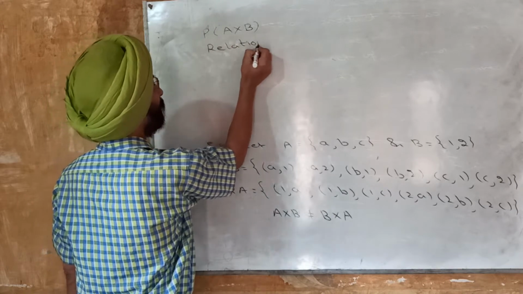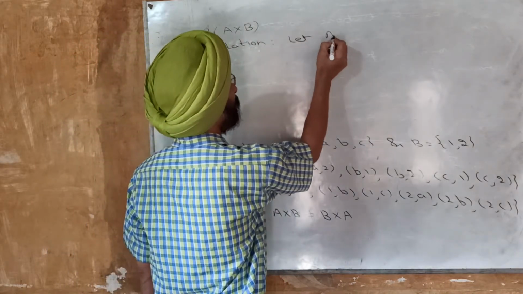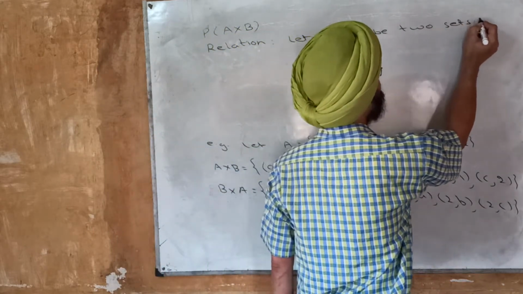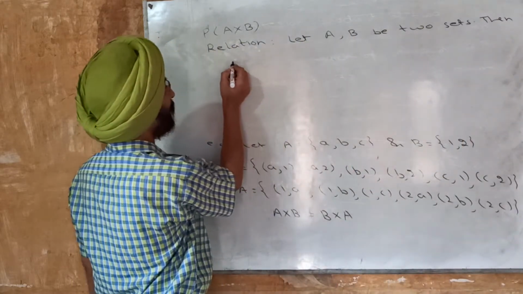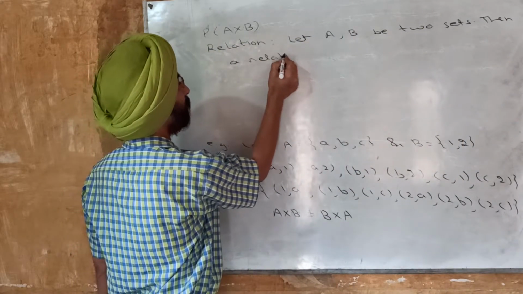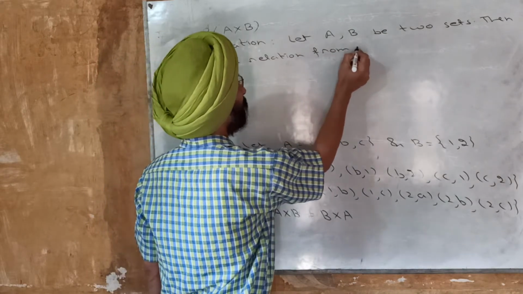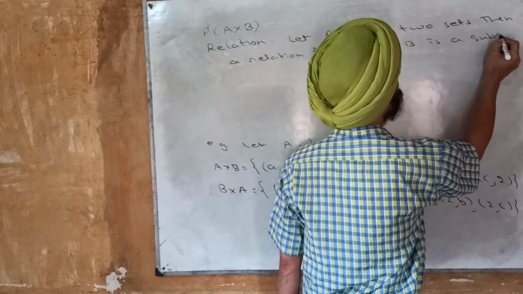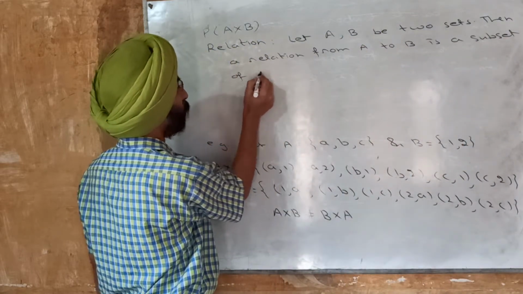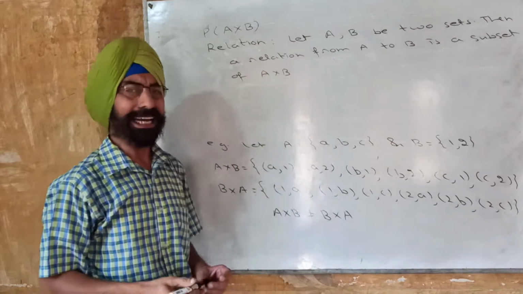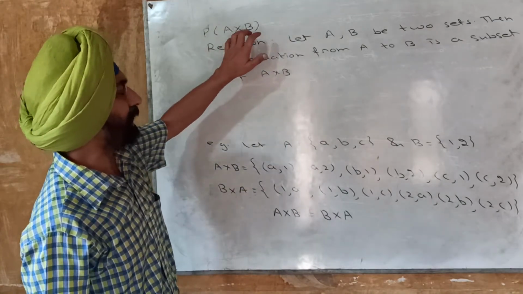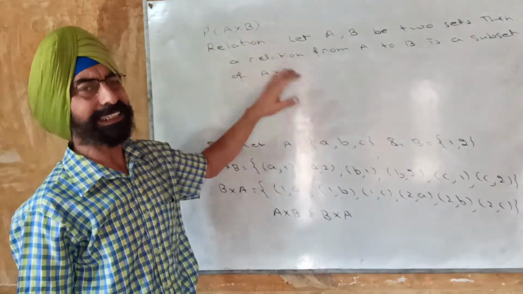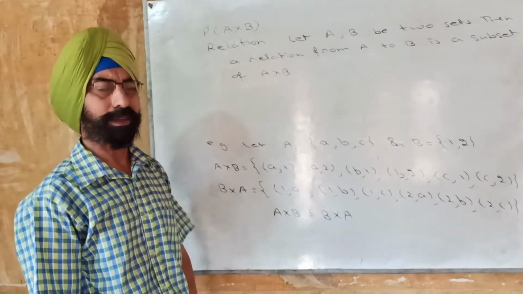So I'll start with: let A and B be two sets, then a relation from A to B is a subset of A cross B. So any of these 64 members of the power set of A cross B is a relation from A to B.